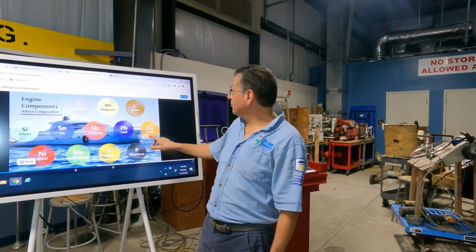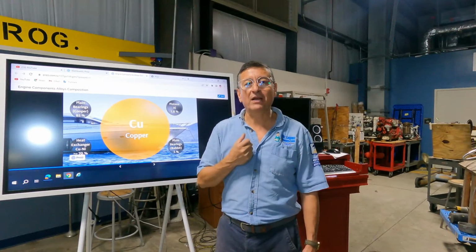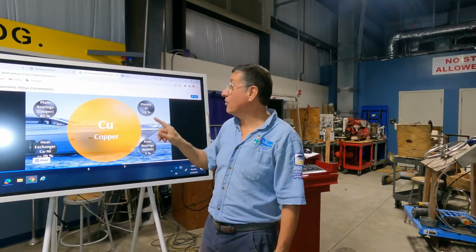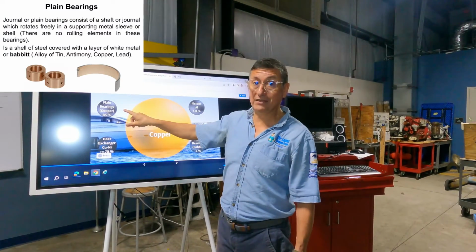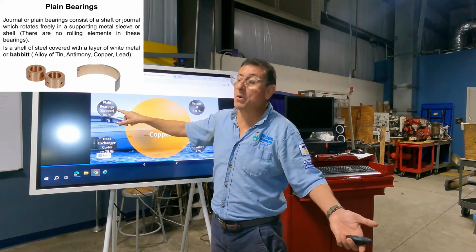Okay, another element that we are going to analyze in the oil sample is the content of copper. What happens if I have high content of copper? If you have high content of copper, probably the plain bearings are affected. If the bearings are in copper, 85% of those bearings is pure copper.